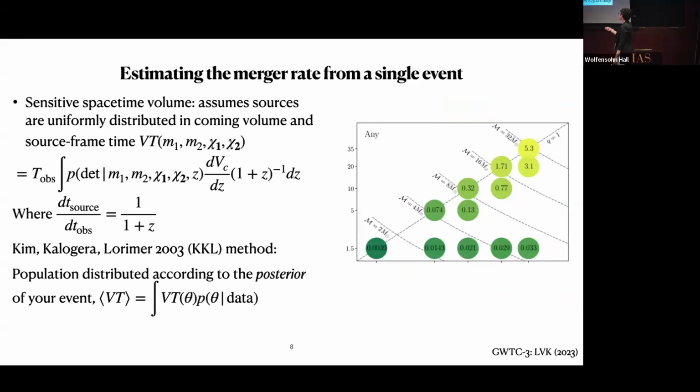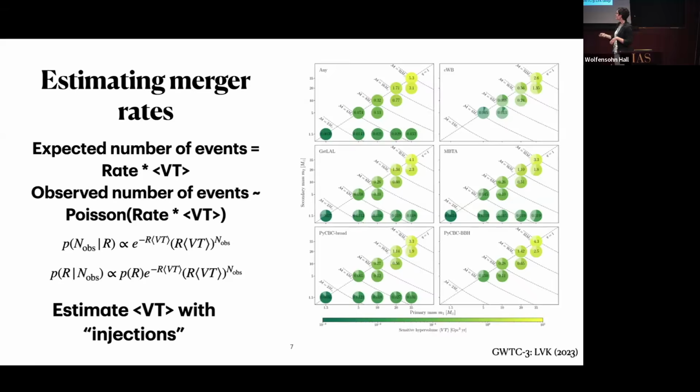Going into a bit more detail, and now I've just cut off that first panel, so maybe now it's easier to read. If we have just a single event, this VT factor depends on your population. What sort of signals are you talking about?